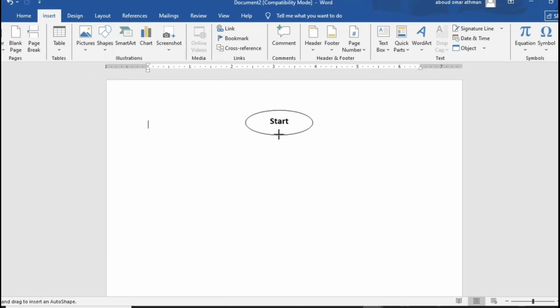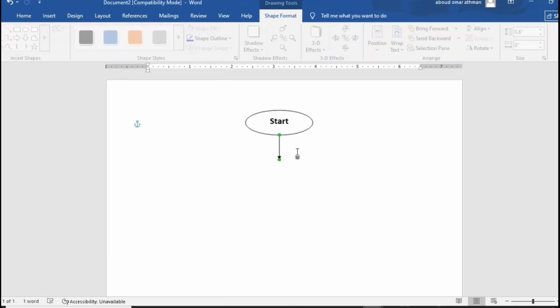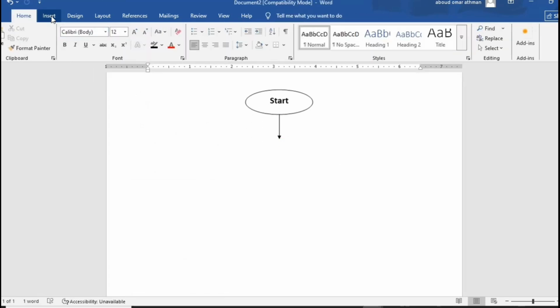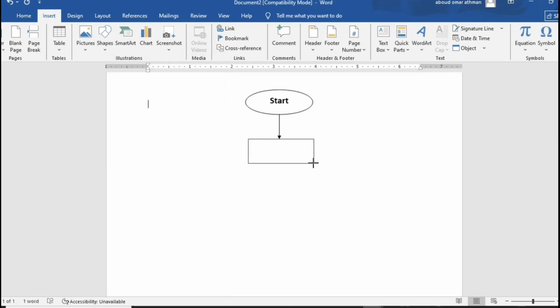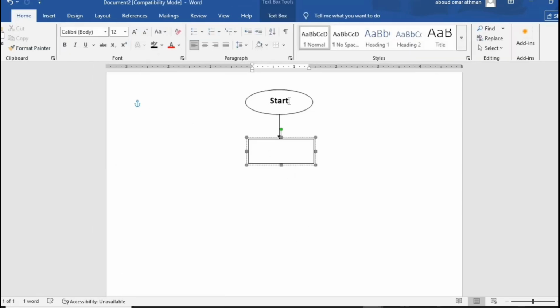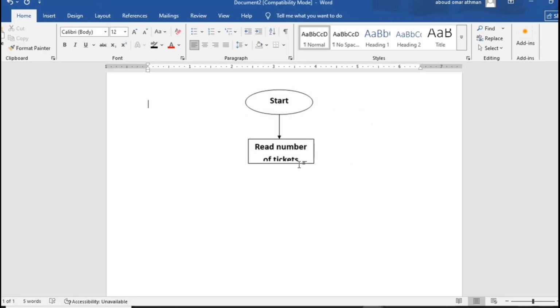And if you buy 5 tickets or more, you will buy each ticket at a discount of 10%. So we want to draw a flowchart that is able to calculate the cost of tickets depending on the number of tickets bought by a fan.